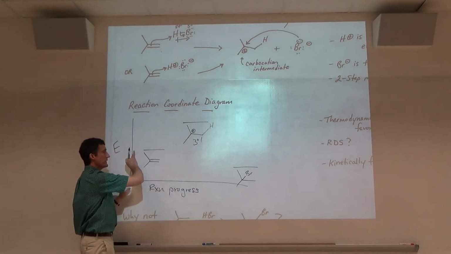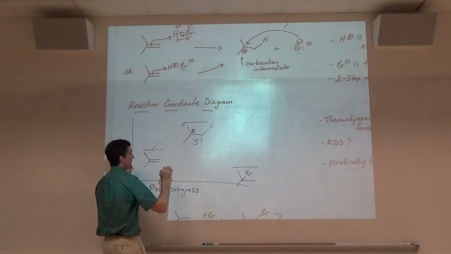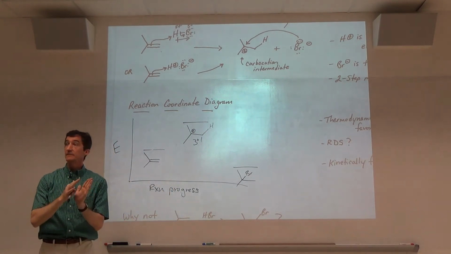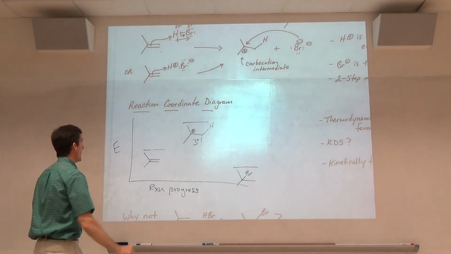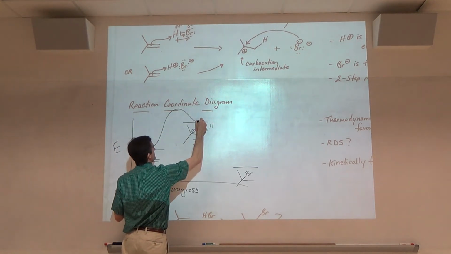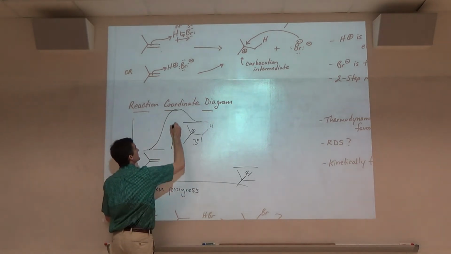When the reaction takes place, do we go straight there in terms of energy? No. We have activation energy leading to the formation of that intermediate. And the activation energy is going to look something like this. Where this here is called what?